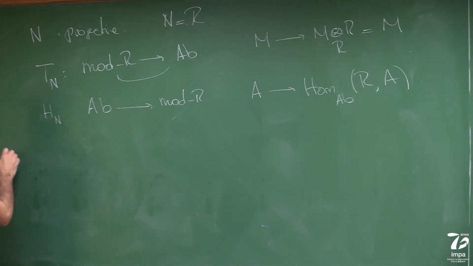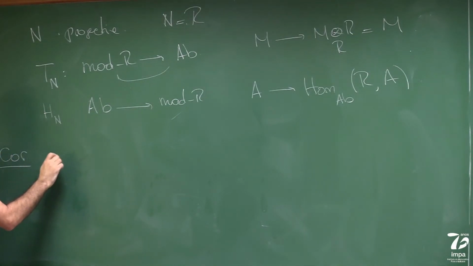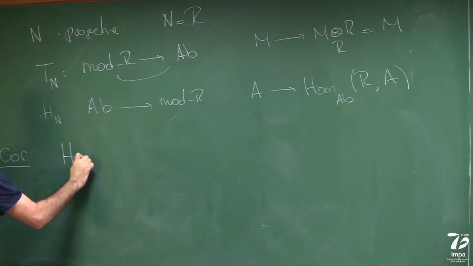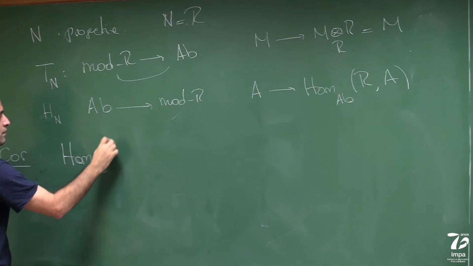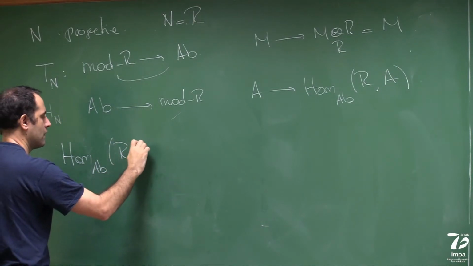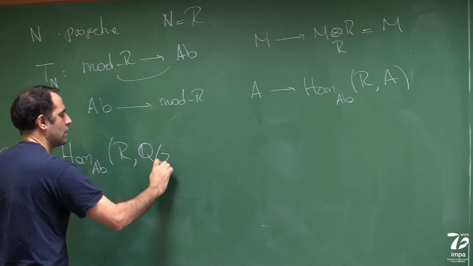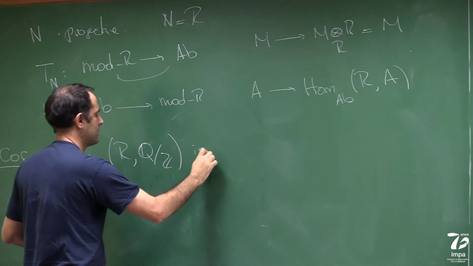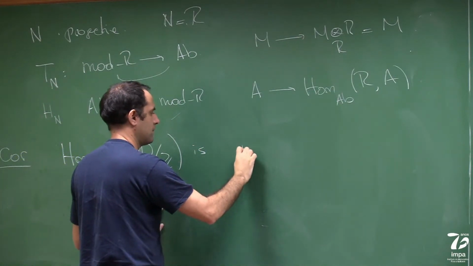Okay, so a corollary of this: for an arbitrary ring R, hom of abelian groups (R, Q/Z) is injective.